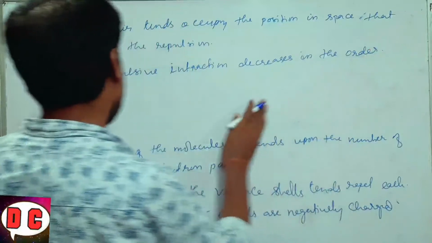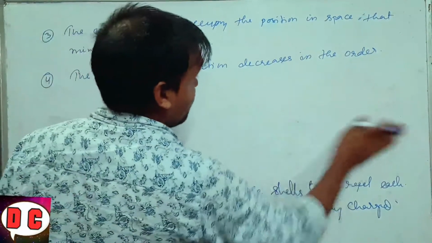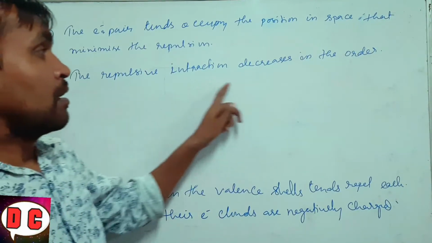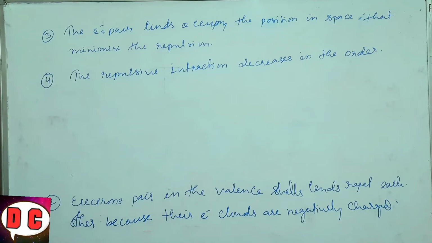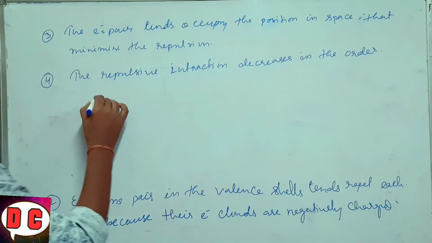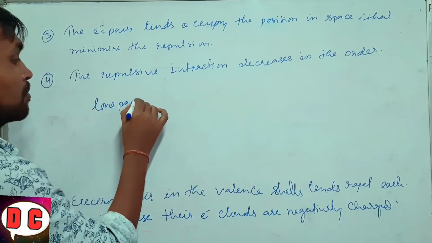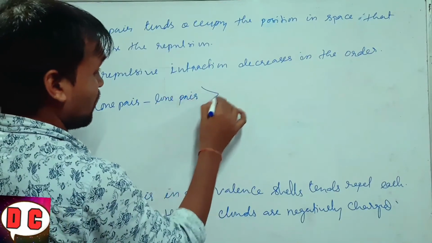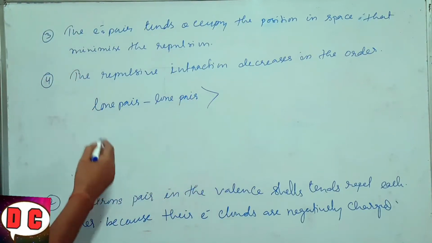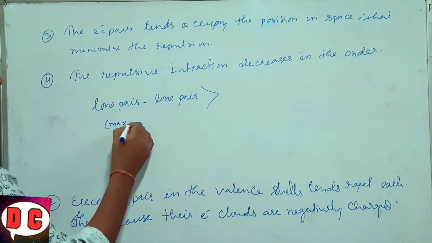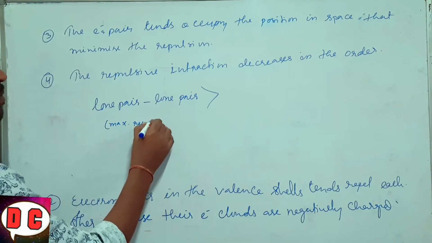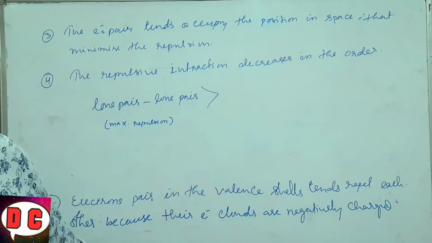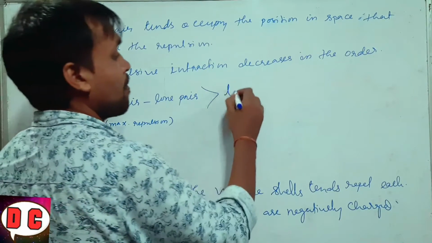This order was asked in exams, so try to learn it properly. The repulsive interactions decrease in the order: lone pair, lone pair repulsions. Lone pair, lone pair will have maximum repulsions. Then the next comes lone pair, bond pair repulsions.